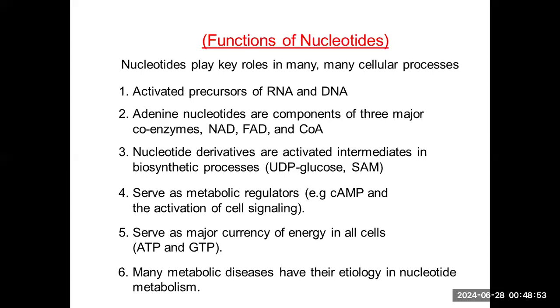During the synthesis of glycogen, the activated form of glucose is added to the primer, or pre-existing chain of glycogen. The activated form of glucose for glycogen biosynthesis is UDP glucose, that is uridine diphosphate glucose.